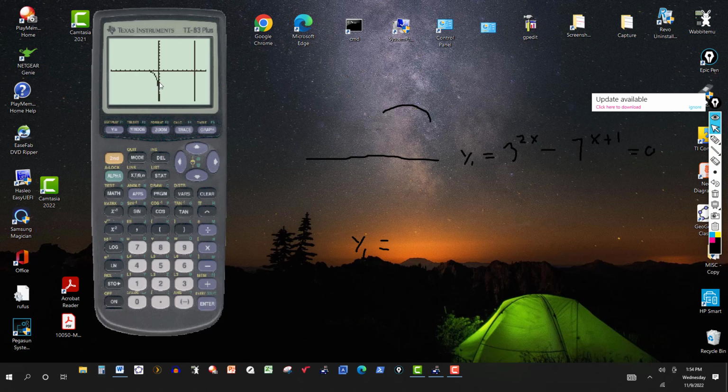So you can see the graph approaches the x-axis this way to the left, and it comes down, and then it goes up, and you can see it crosses right there. So what is that? That's 1, 2, 3, 4, 5, 6, 7. So somewhere between 7 and 8, it crosses the x-axis.